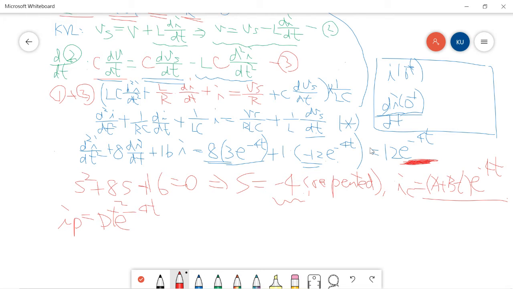So this one is pushed to the second order. So IP would be like this, and then we can plug IP into this equation.